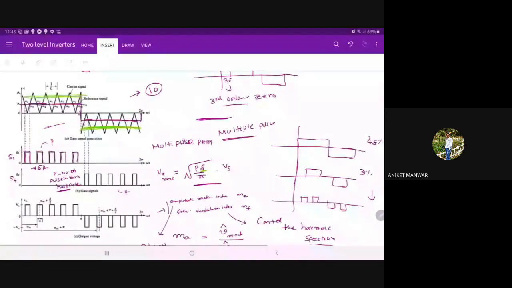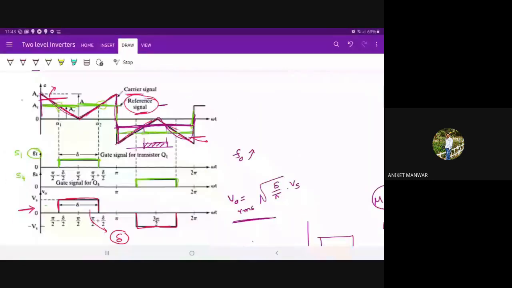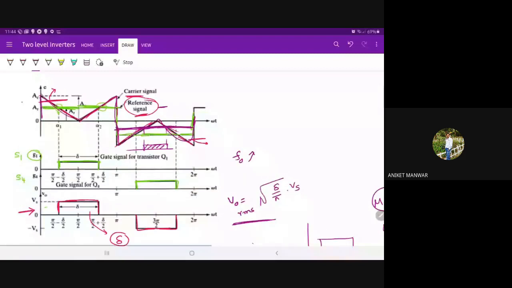See here, I think this is not visible properly. So here it is visible, right?